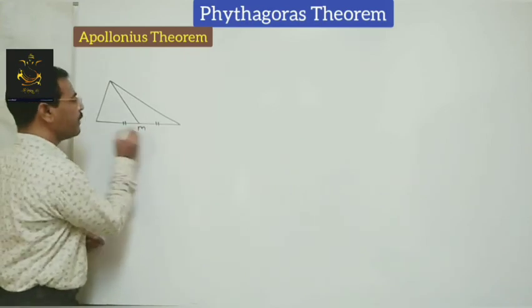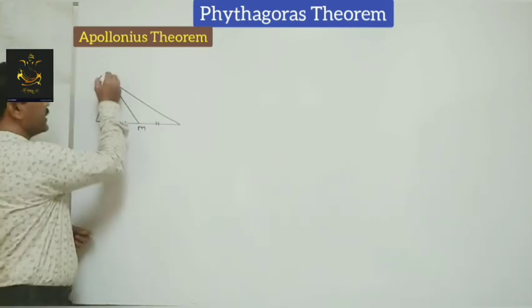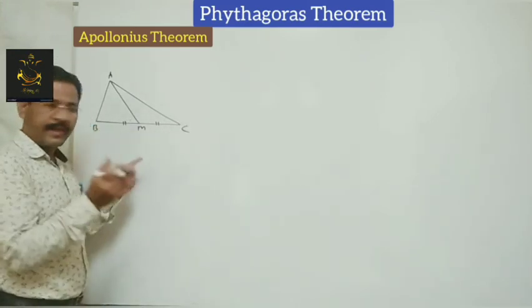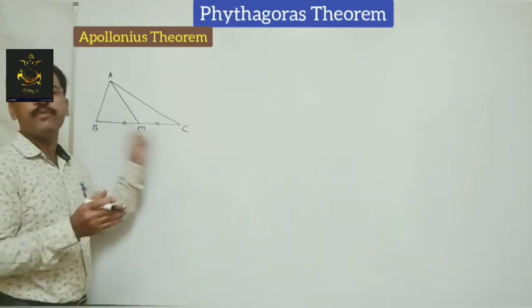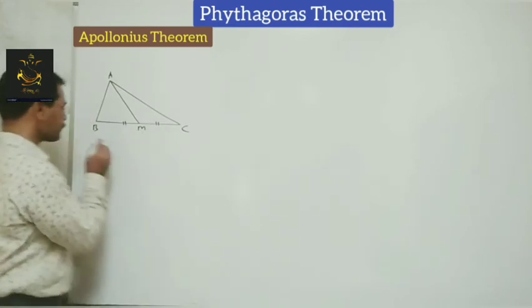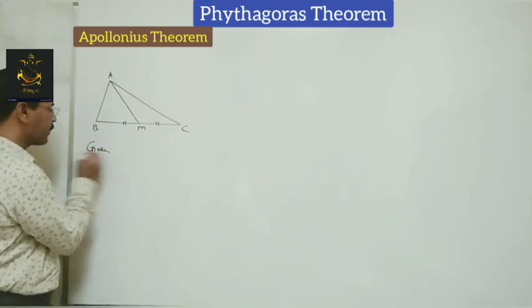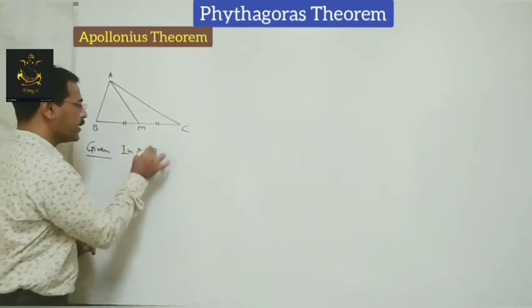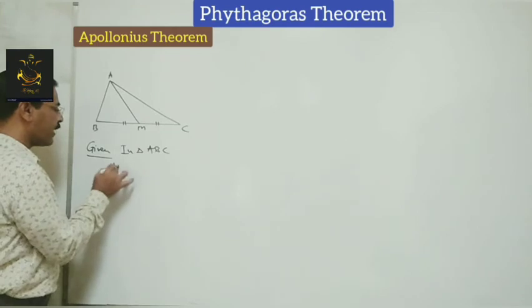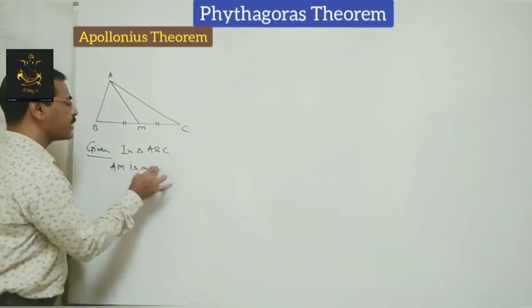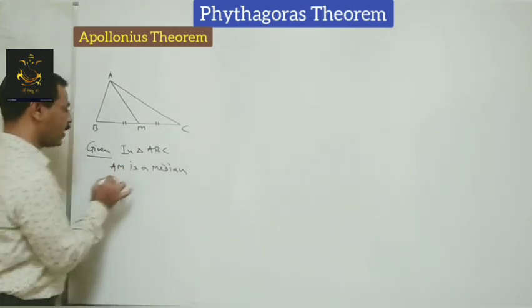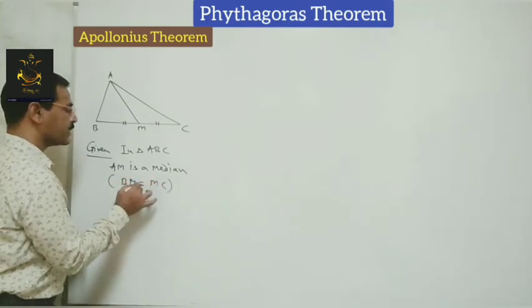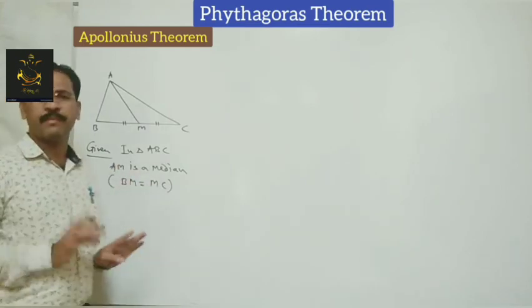Here this is the midpoint M. AM is a median, which means M is the midpoint of BC. I'll write the given part. In triangle ABC, AM is a median, so BM is equal to MC. This much is only the given part.